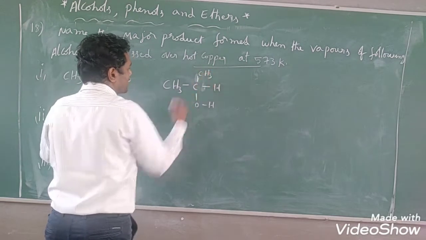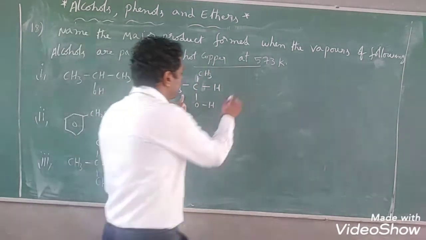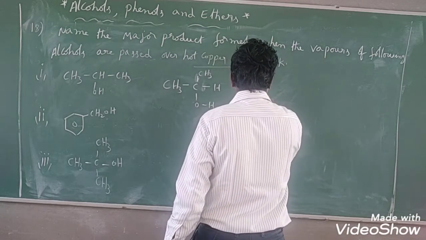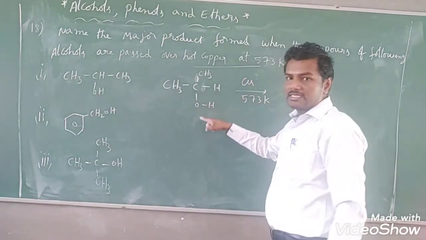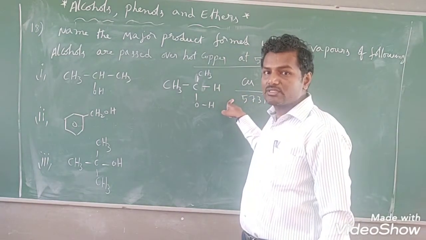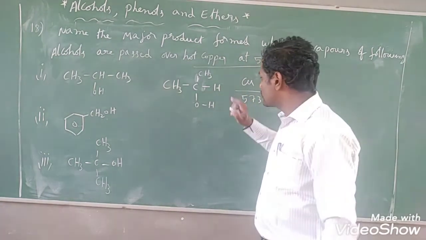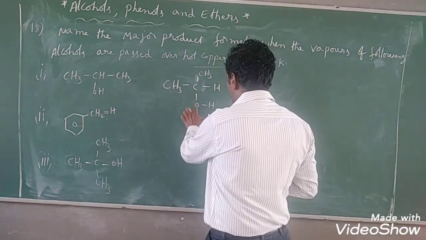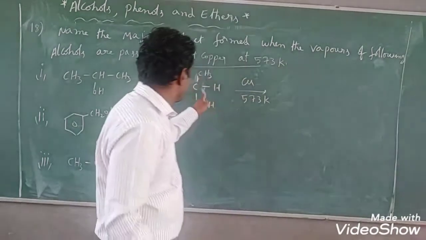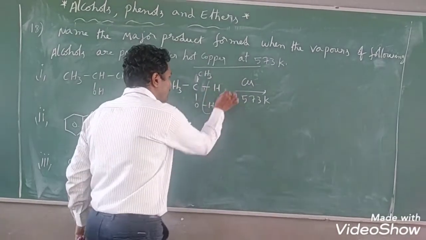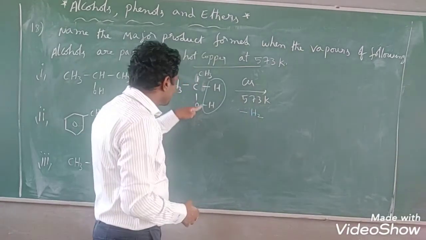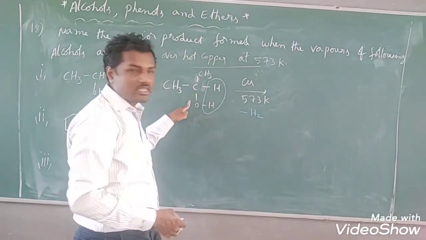Whenever you treat with copper at 573 Kelvin, in the case of primary or secondary alcohols, this reagent is used for dehydrogenation. So removal of H2 takes place. From this OH one hydrogen, and from this carbon one hydrogen, is removed as H2. Breaking of 2 single bonds results in the formation of a double bond.